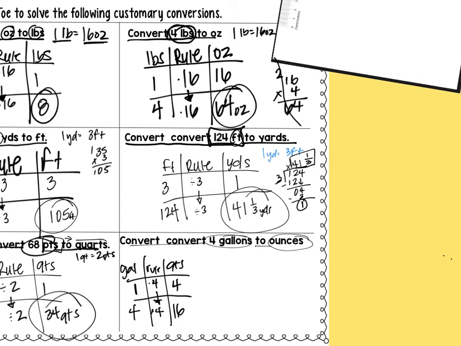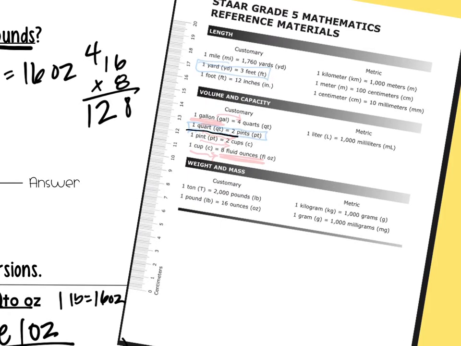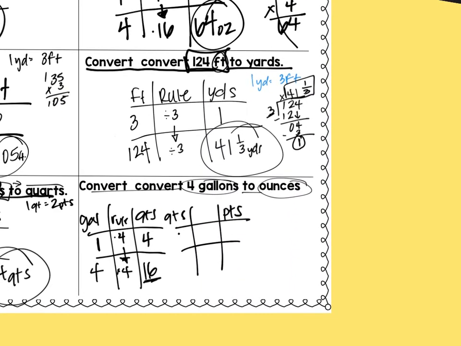So now that I have 16 quarts, I can figure out, how do I get from quarts to pints? And so we're going to look at our star chart again, and we know that 1 quart equals 2 pints. So I'm going to put that into my tic-tac-toe. 1 quart equals 2 pints.